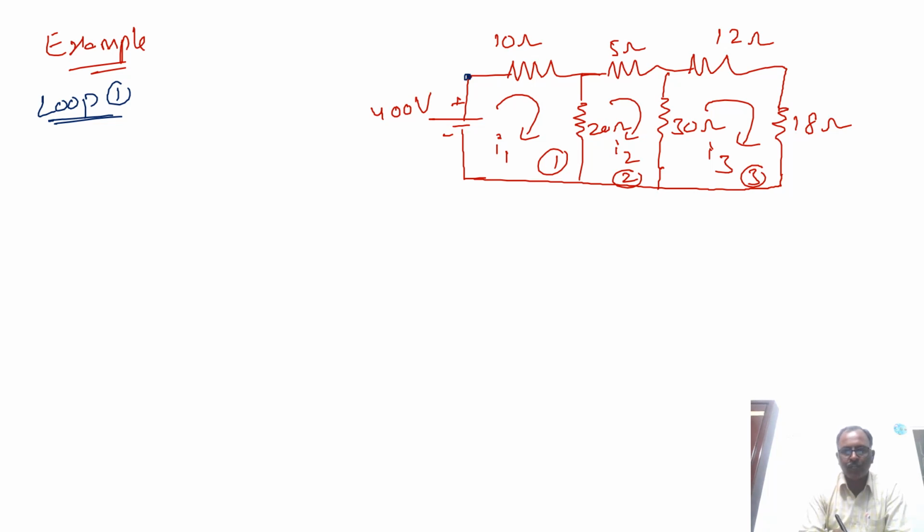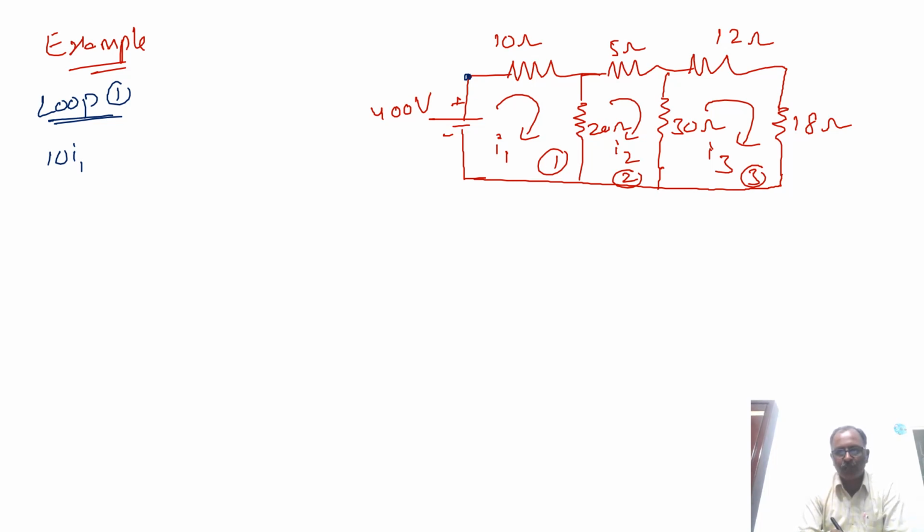So these two are resistances. So we're having voltage drops in 10 ohms and 20 ohms. Now 10 ohms is linked with only loop 1, so 10 into I1. And 20 ohms is linked with loop 1 and loop 2. It is a common resistance for loop 1 and loop 2, and it is going to carry the currents I1 and I2.